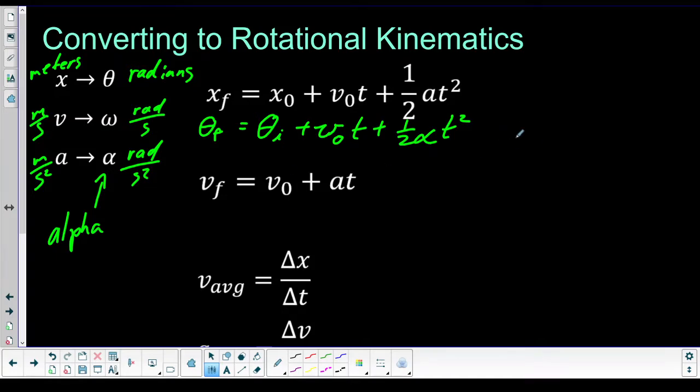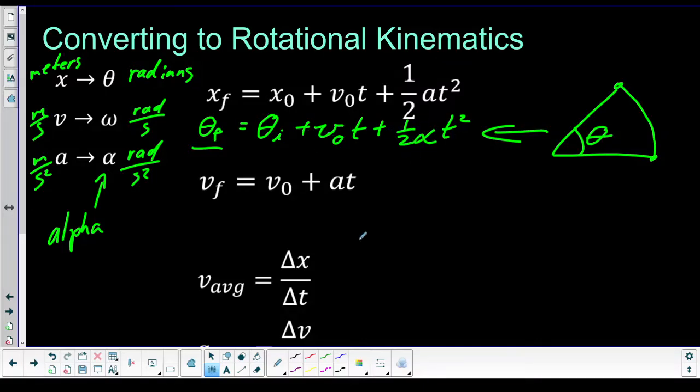This equation accurately describes spinning stuff. It will tell you how far in an angle. So we've got a thing here. It spins to there. This equation will tell you theta, how far it's gone, if you know where it starts, how fast it's spinning, and if it's speeding up or slowing down the spinning after a certain amount of time.